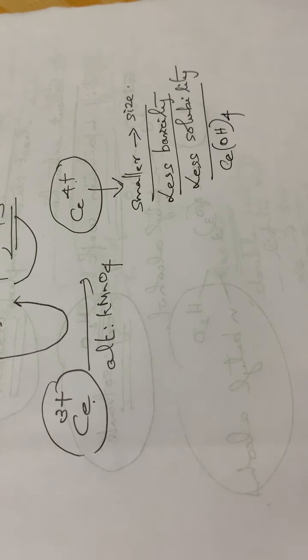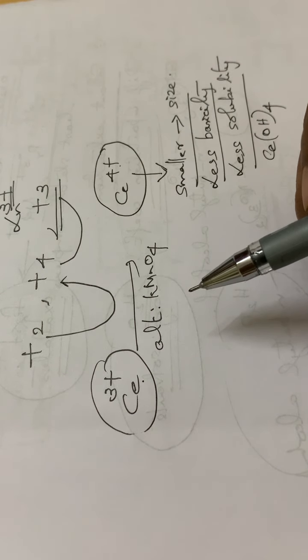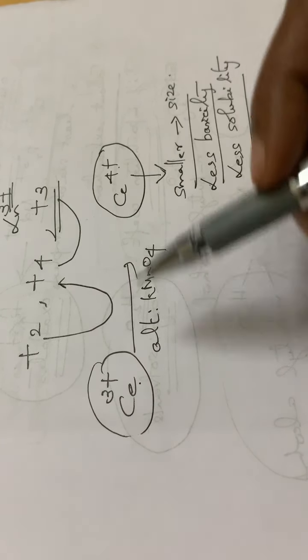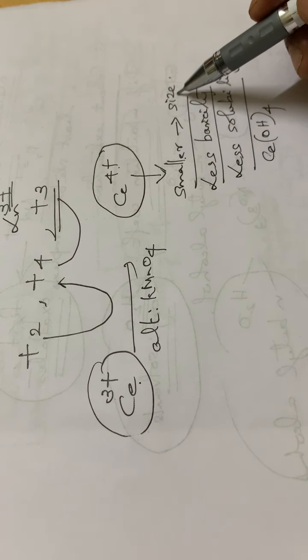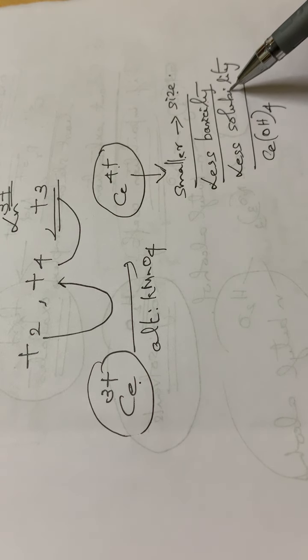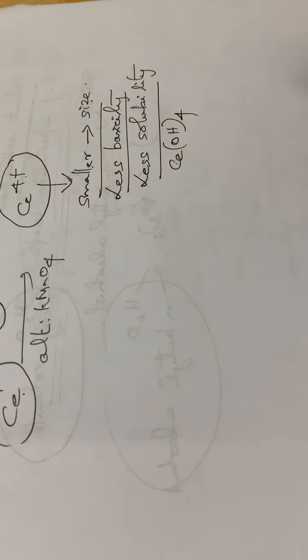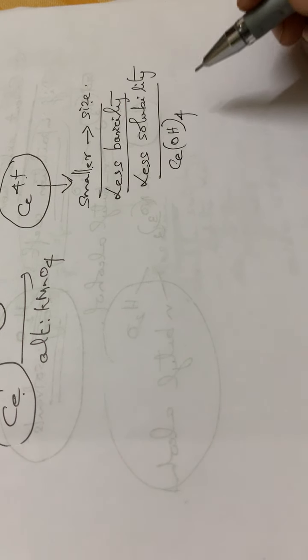So by just treating with alkaline KMnO4, the 3+ is oxidized to 4+, and thereby the size is reduced, basicity became less, then solubility again goes less, and then we will be obtaining it as cerium hydroxide. The cerium hydroxide can be precipitated by treating with an alkali.